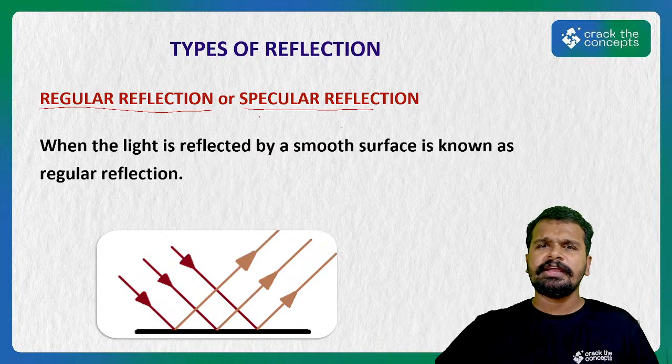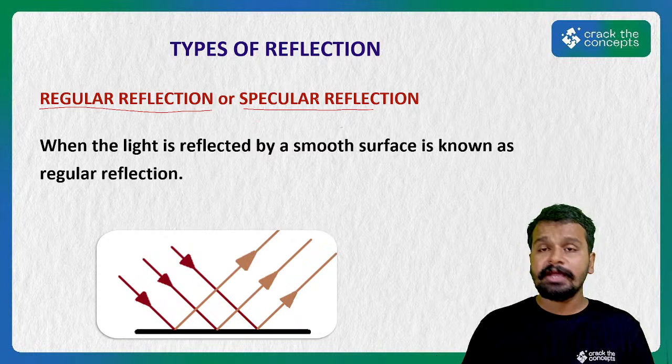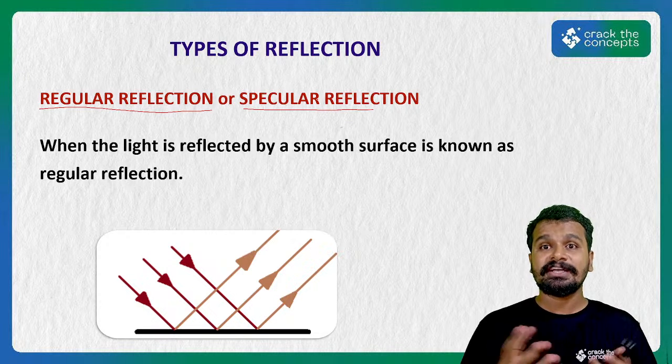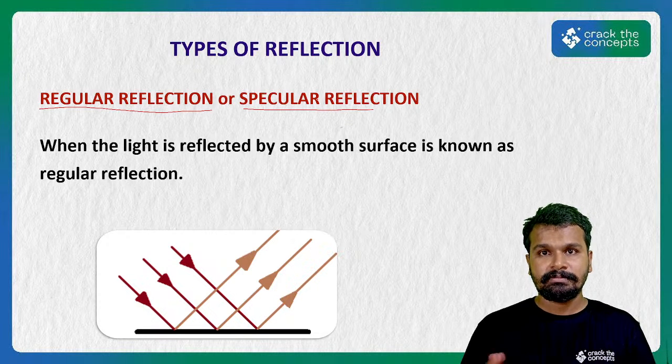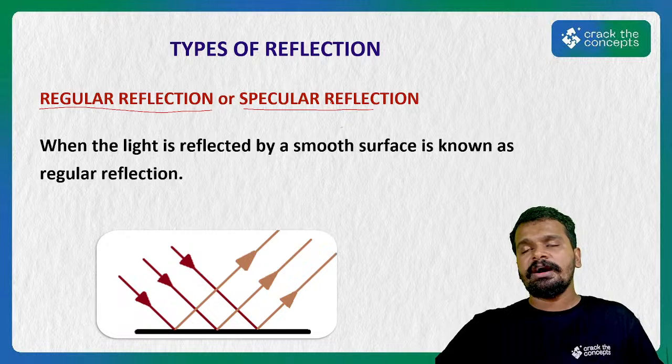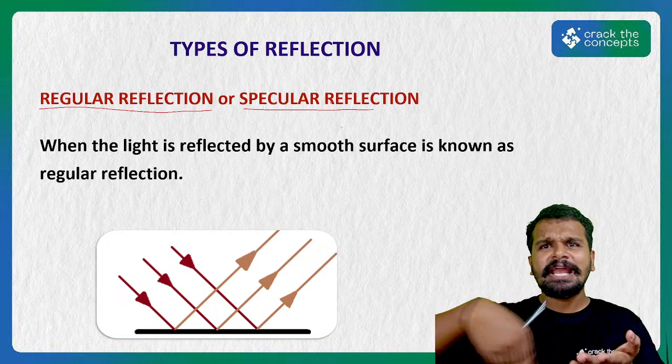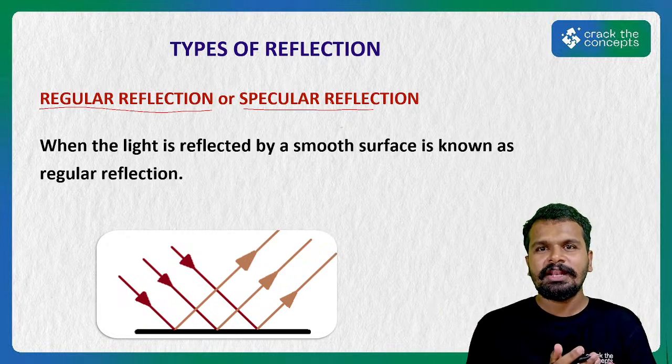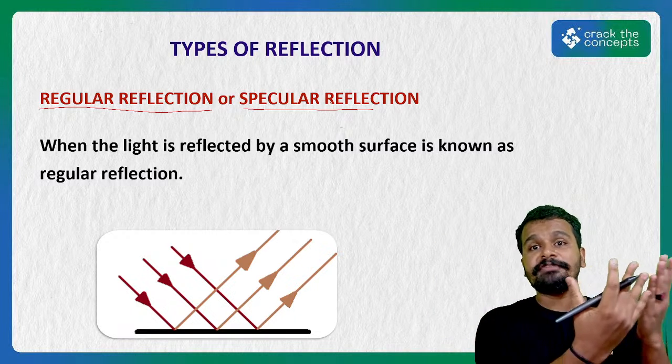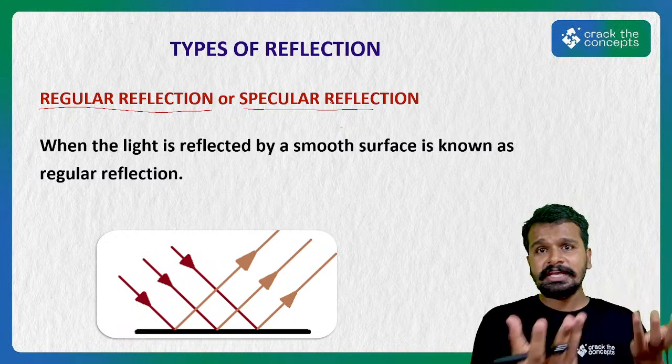In TV advertisements, we might have seen the advertisement of EXO dishwash bar, Vim. They show a stainless steel plate and you are able to see your face itself. You might have seen that.